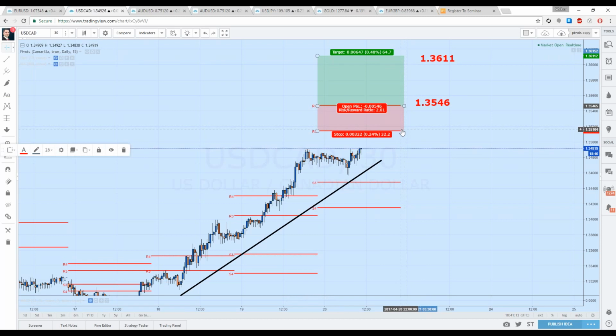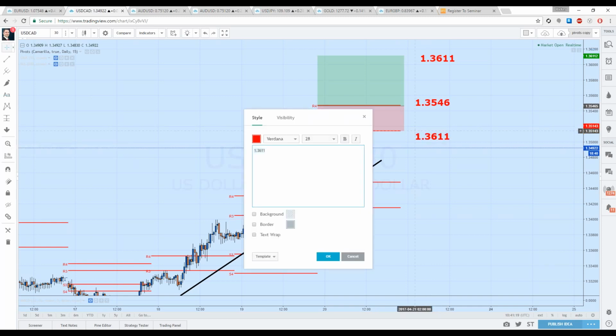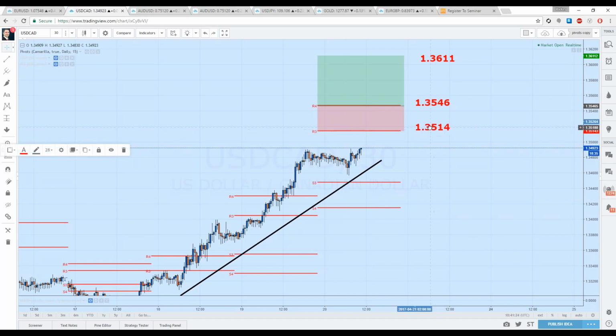Risk is managed back at the range for 32 pips, at 135.14.